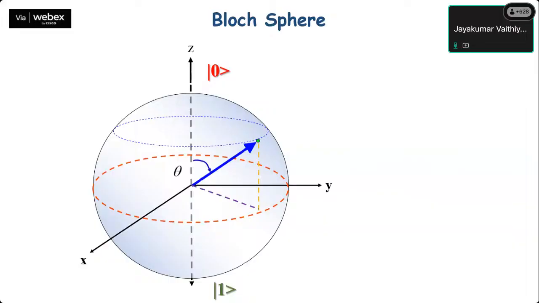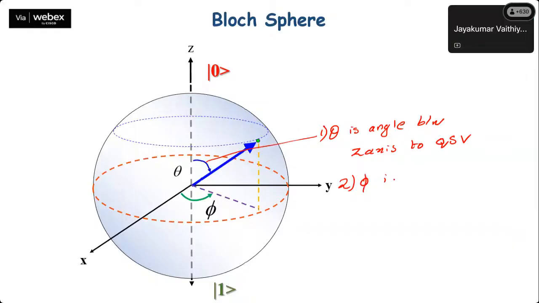Okay. So this will create an angle between your z-axis and your quantum state vector. So theta is the angle between the z-axis and the quantum state vector. So this is the first angle. In the same way, we can generate the second angle, psi.